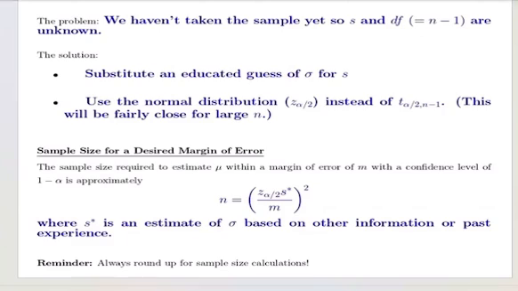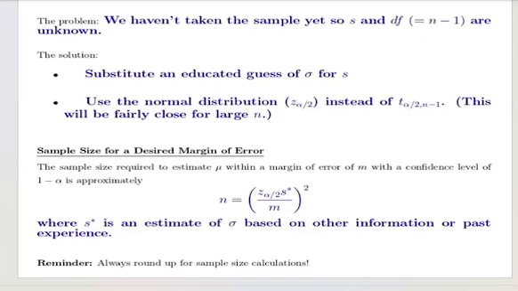Because we normally want to choose a very large sample size, it doesn't really matter. But this is the situation, where S is the estimate of the standard deviation based on other information or past experience.